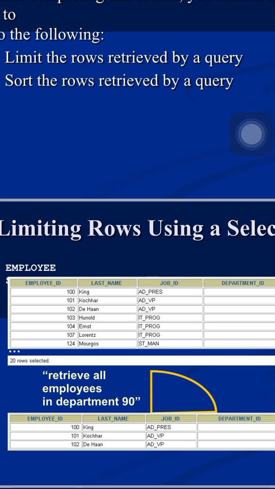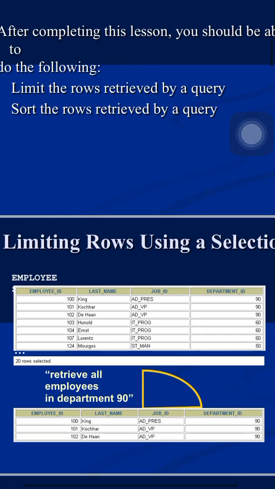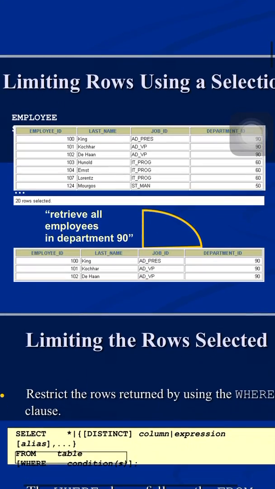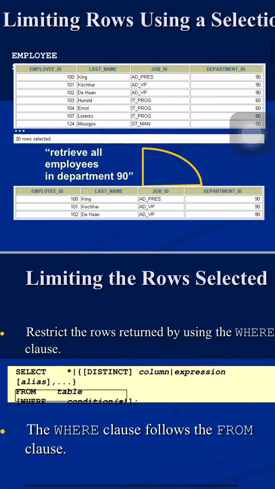In order to do this limiting, we can use another clause in SQL, and that clause is the where clause. So restricting of rows can be done with the help of the where clause. How we write this where clause is, we have seen select, from, and below that we now write the where clause. Writing this where clause is optional.